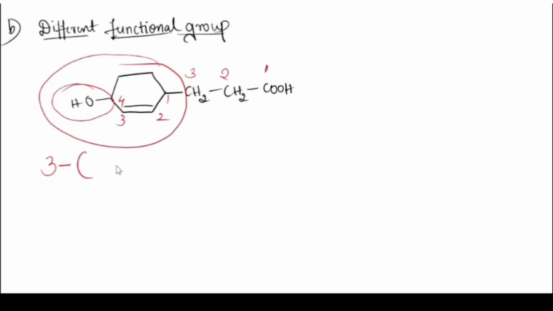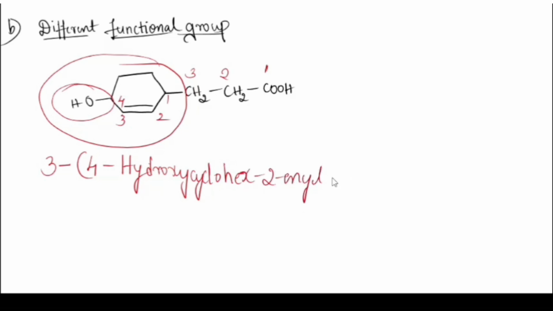Over here I just write it like this: 4, then H should be higher case, hydroxy, cyclohex-2-enyl. Here this one is 2-enyl again, and whatever this one is, this is propanoic acid. This is the IUPAC nomenclature for this particular compound.